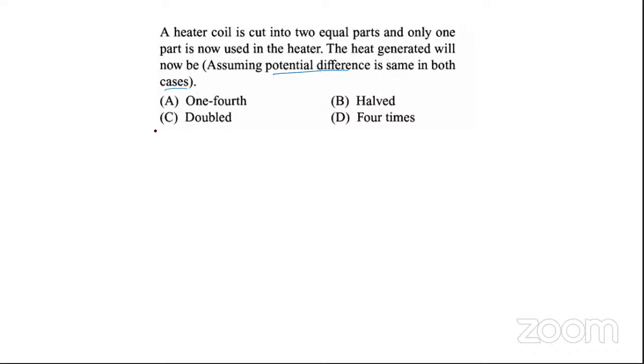The heat generated, that is power into time. So we can assume time to be same in both the cases. So we'll just take power. Now we know power and having the same potential difference. So we can write power in the terms of potential and the resistance, that is V square by R. So we know that power is inversely proportional to resistance when the potential difference applied is constant.